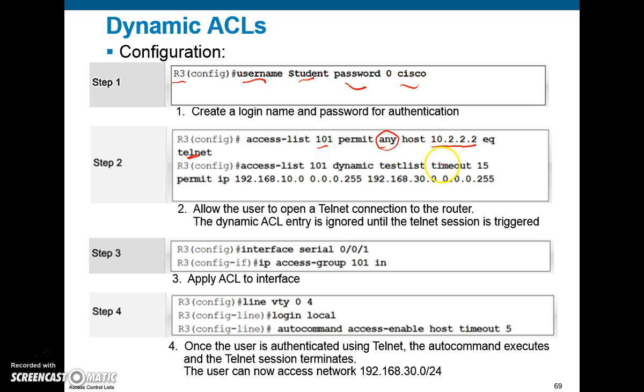Then we create this dynamic ACL with a timer of 15 minutes. This dynamic ACL will be activated for 15 minutes only, and it will not be activated until the telnet is successful. This is a dynamic ACL, and you will permit all IP packets from the 192.168.10 network to go into the 192.168.30 network.